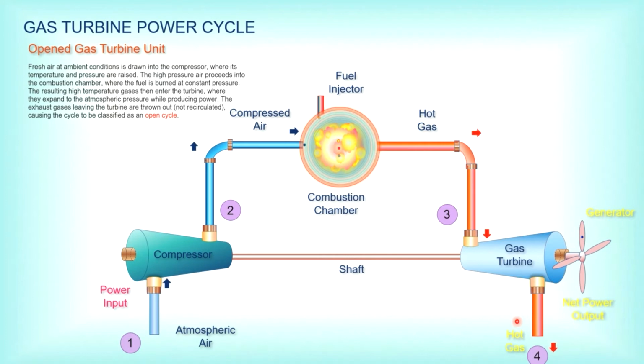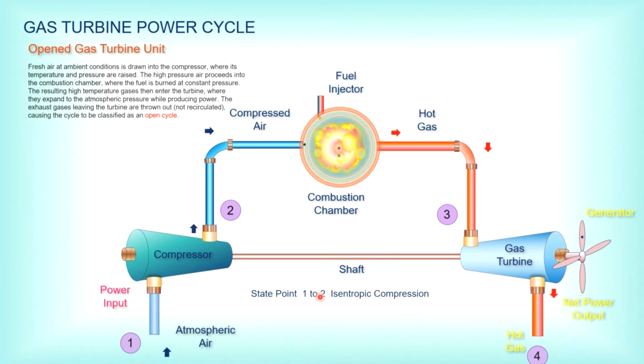So most of the time, this gas turbine cycle is combined with other cycles, so that this hot gas will not be directly discharged to the atmosphere at high pressure and high temperature. That is a waste, for one thing. Second, it causes a global warming effect. So that is the simple gas turbine unit.